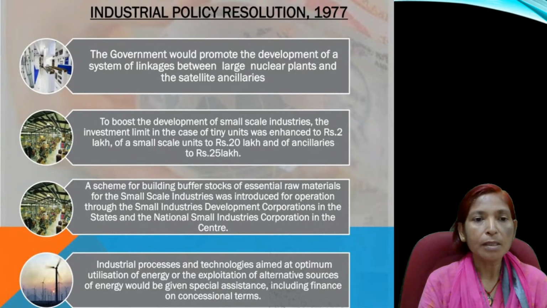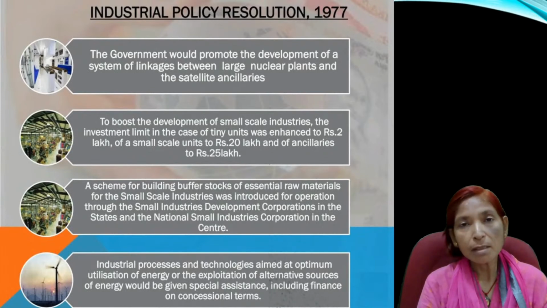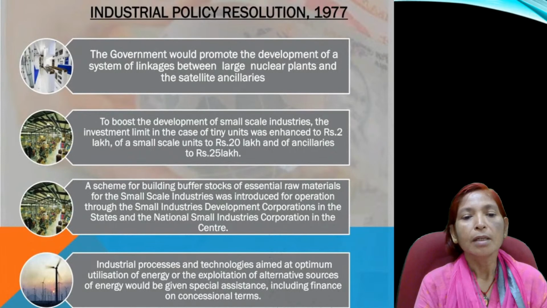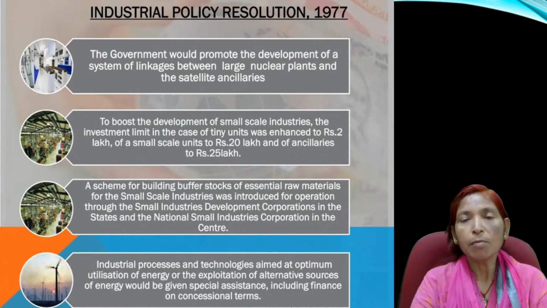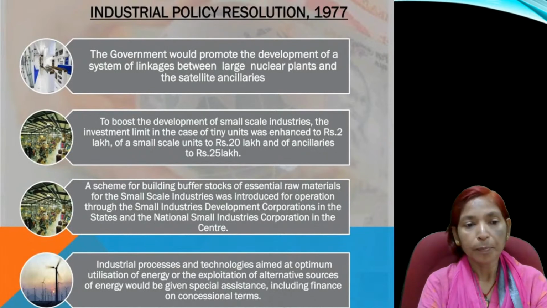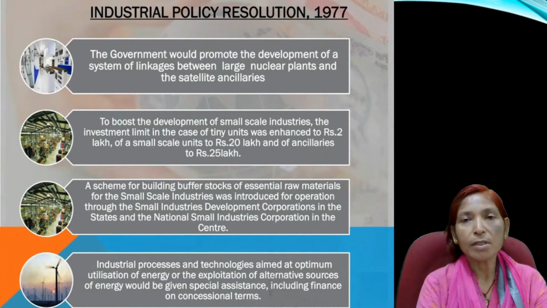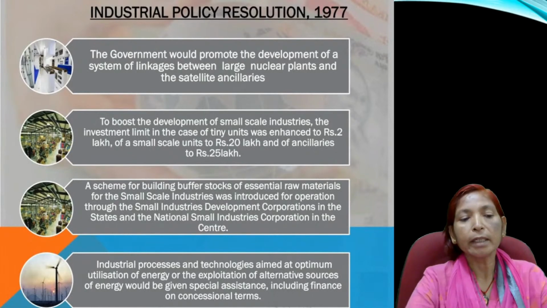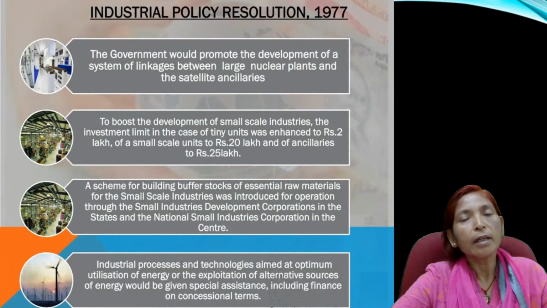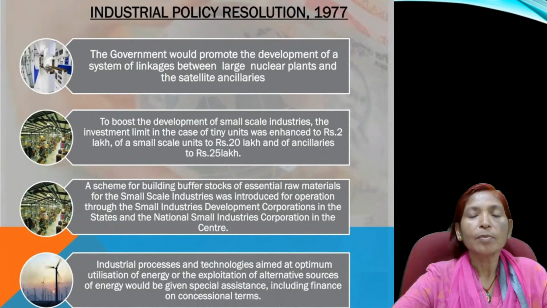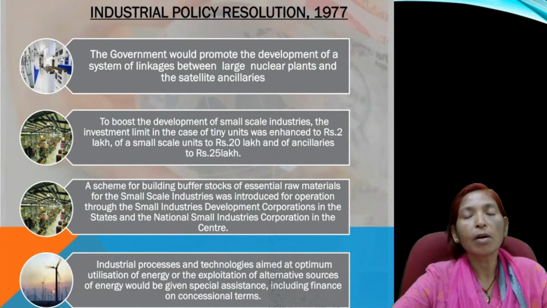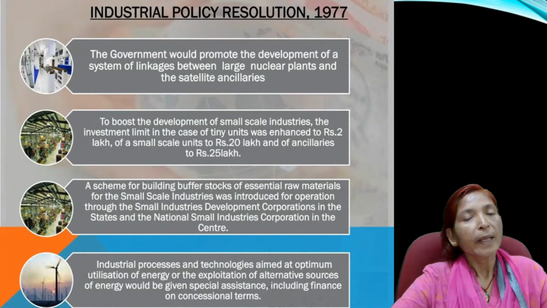The investment limit in the case of tiny, meaning micro, units was enhanced to rupees 2 lakh, for small units to rupees 20 lakh, and for ancillaries to rupees 25 lakh at the time of 1977. A scheme of building buffer stocks of essential raw material for the small scale industries was introduced through the small industrial development corporations in the states and the National Small Industries Corporation in the center.